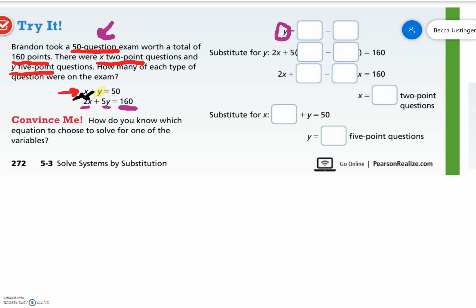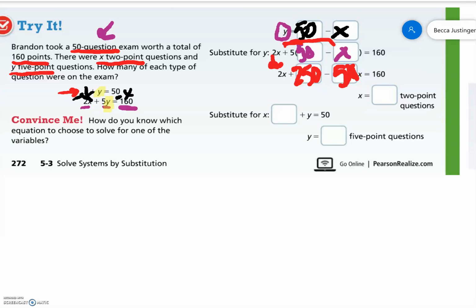So subtract X, cancels out on the left, and we get Y equals 50 minus X. Now we're going to take the fact that Y equals 50 minus X, and wherever we see a Y, we can put in 50 minus X. So they rewrote that second equation, 2X plus 5, and now instead of Y, we're going to put in 50 minus X. Now we're going to use what we've learned and distribute the 5. So the 2X just gets brought down. 5 times 50 is 250. 5 times negative X is negative 5X.